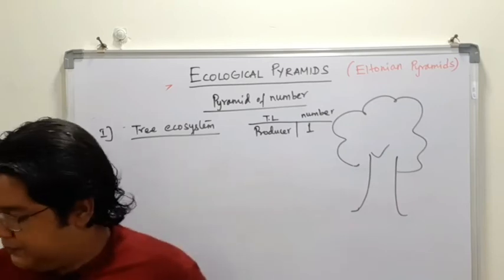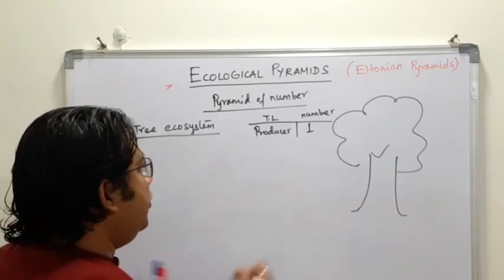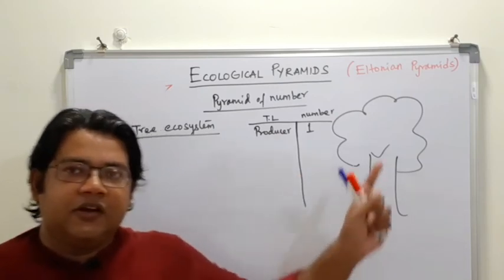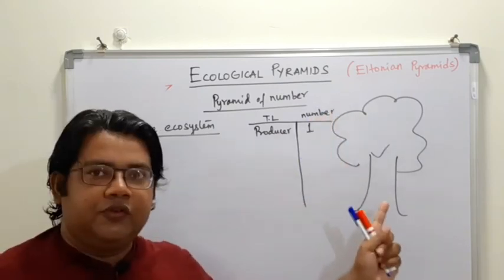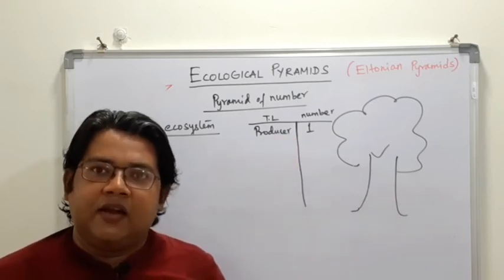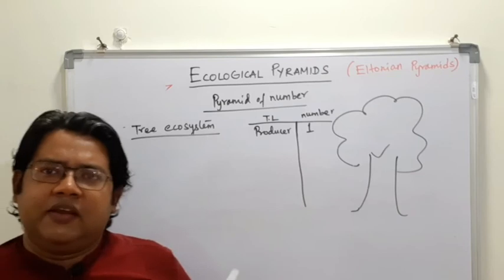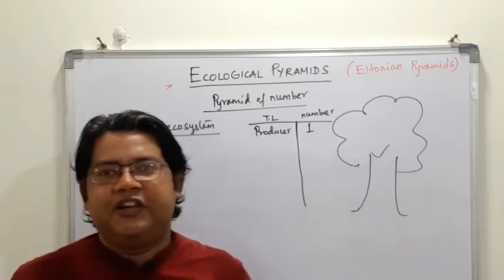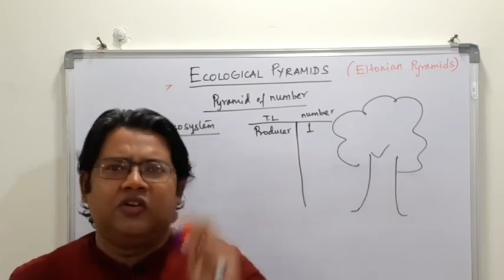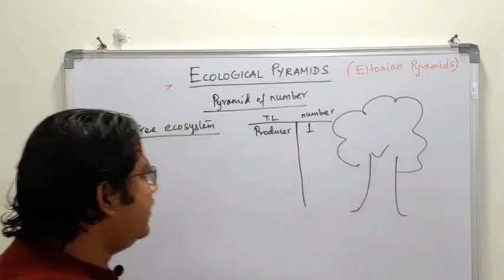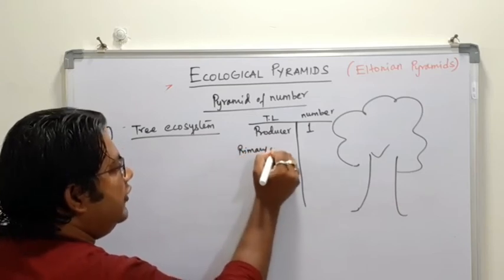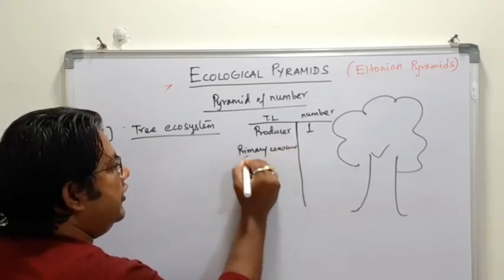Producer, again in this case, in a tree ecosystem, the producer is 1 because this is an autotroph. So the number of producers is 1 only. Let us say there are again some small birds which feed on the product of the tree, they feed on the leaves, they feed on some fruits. So there are some herbivore birds which are primary consumers. So these are small birds.